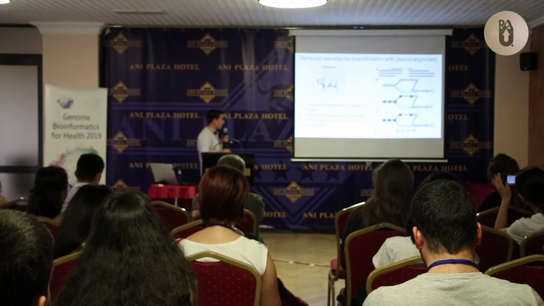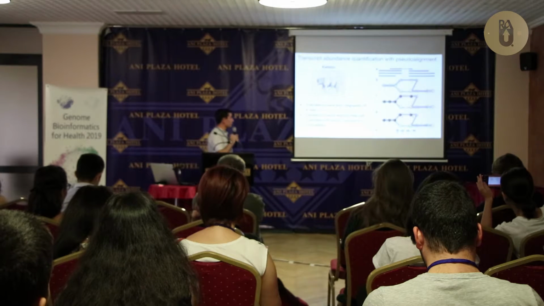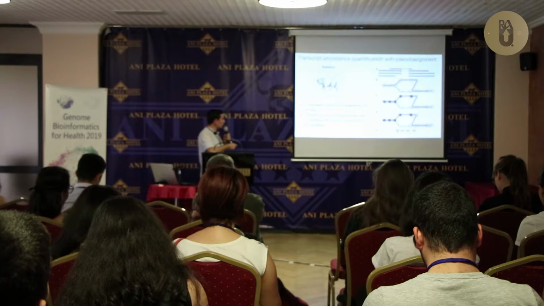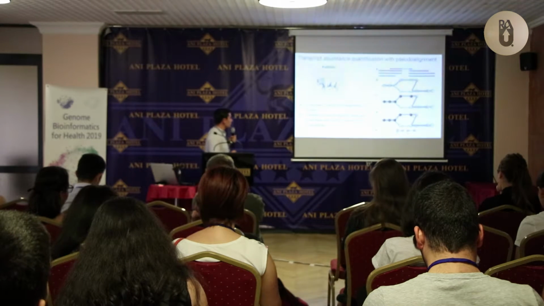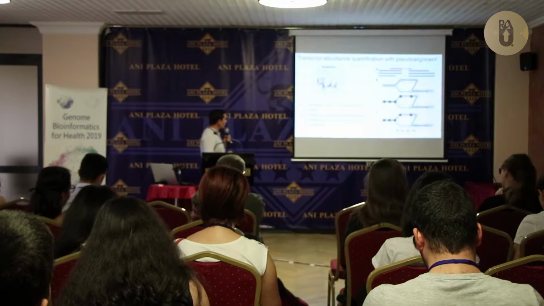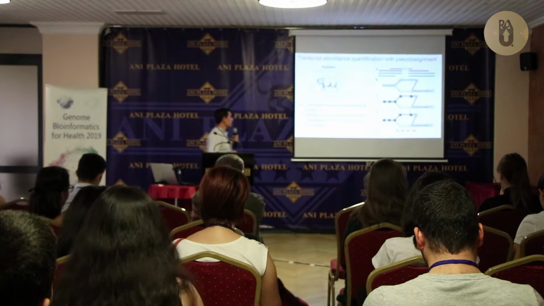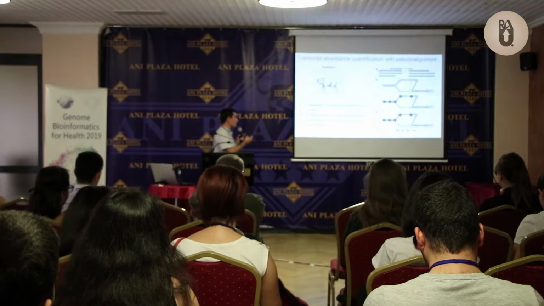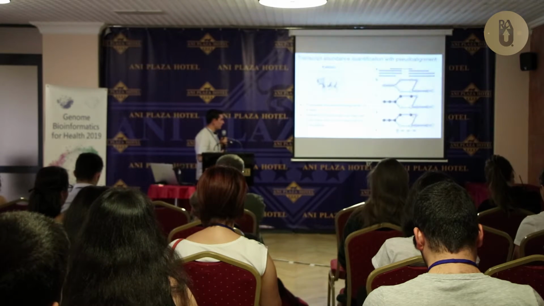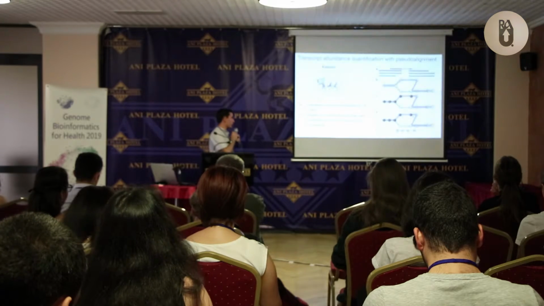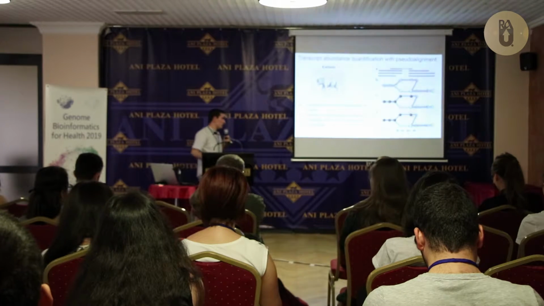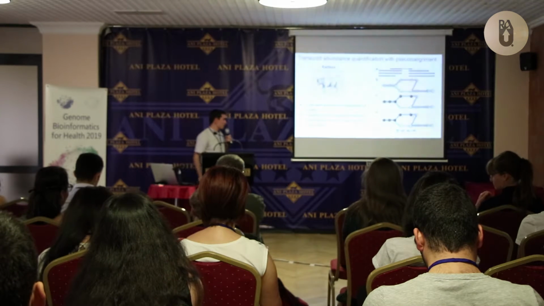So briefly, what it does: it does not do exact alignment, but instead it separates the short reads into k-mers, small pieces, and tries to understand the compatibility of these k-mers with one or another particular transcript. It does not perform precise alignment, but does all the quantification on a statistical evaluation level.